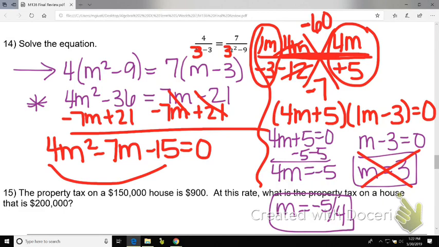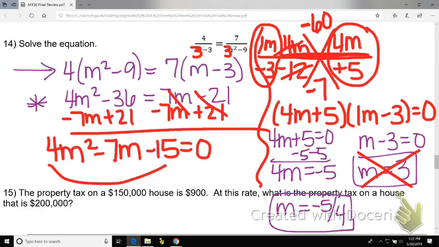Okay, now 15 does not say anything about direct variation or anything like that, but whenever I read some kind of story problem, if they're comparing two things, like on this one it says the property tax on a house that is $150,000, the property tax is $900.